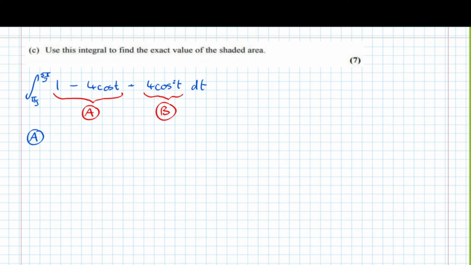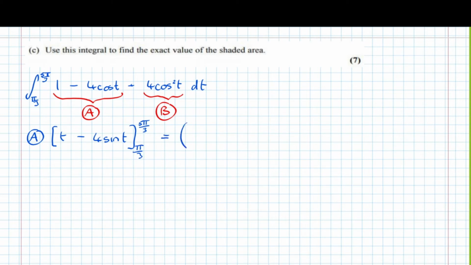So A becomes t minus, and the integral of cos t is sine t, so t minus 4 sine t between 5/3 pi and 1/3 pi.